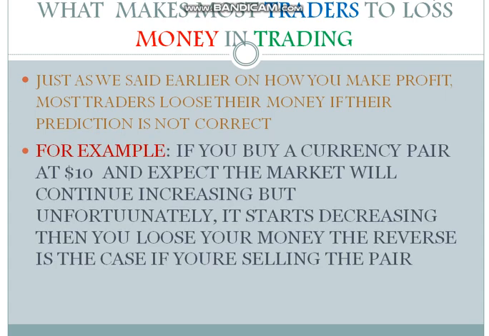For example, if you buy a currency pair at $10 and expect the market will continue increasing, but unfortunately it starts decreasing, then you lose your money. The reverse is the case if you're selling the pair. In other words, if you're buying a currency pair, you expect the market to go higher than your entry price. But if it should go lower, you start losing money, which means your prediction was wrong.